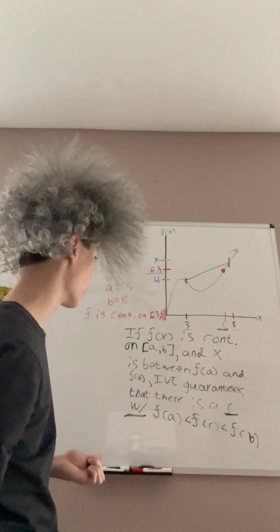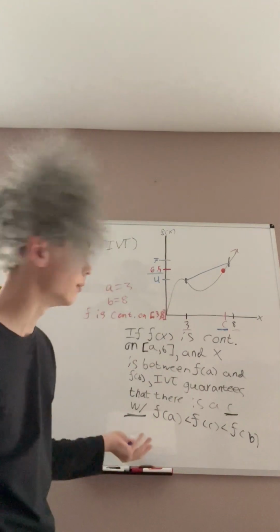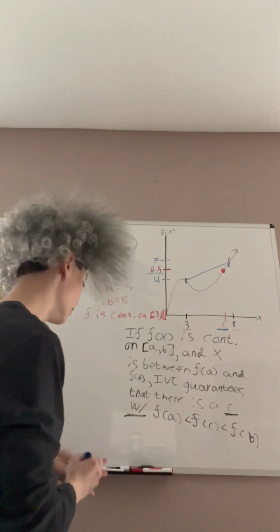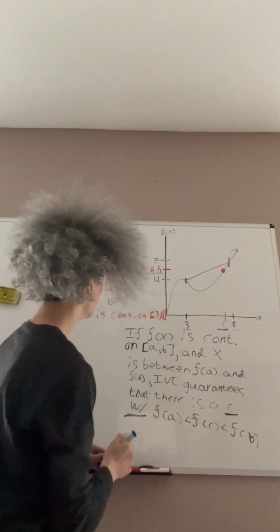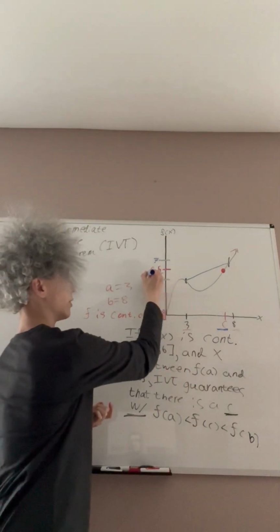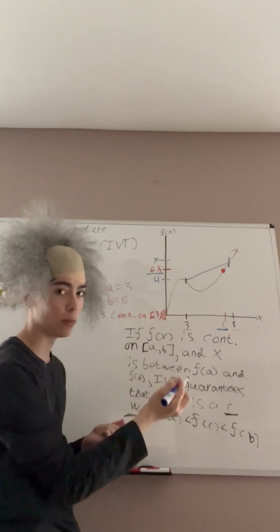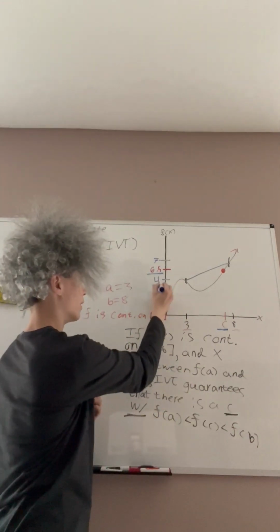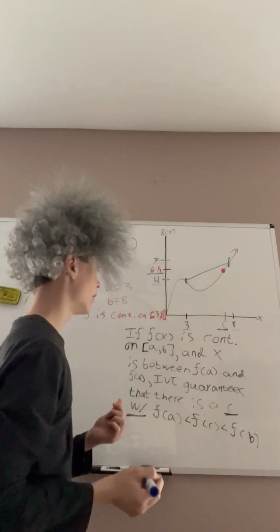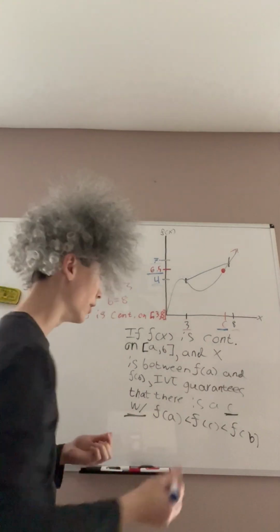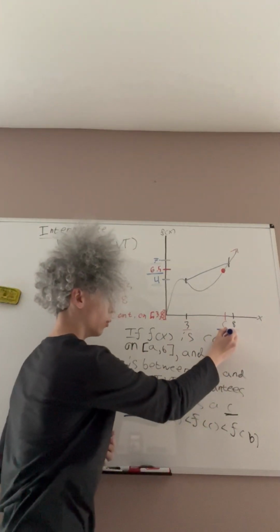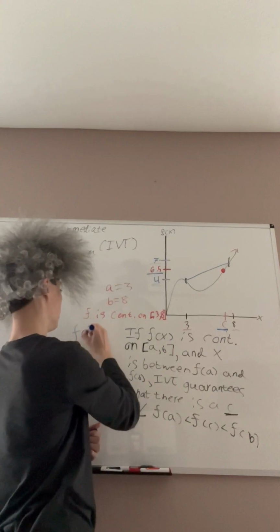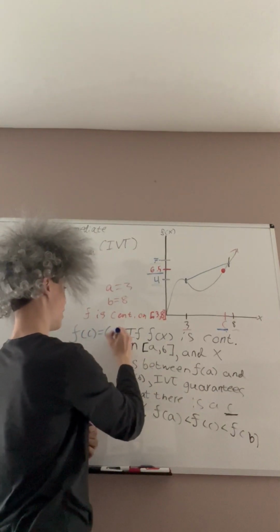Now, this continuous graph can look like whatever. The IVT is saying that because 6.5, which I've underlined here, is between the output values of our endpoints, 4 and 7, there exists a value, x equals c, right here, with f of c equal to 6.5.